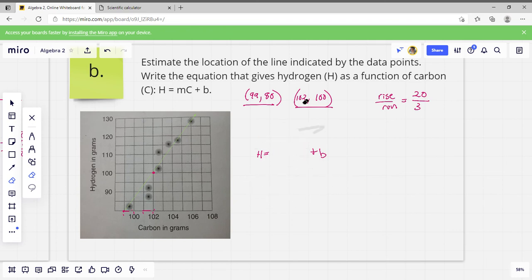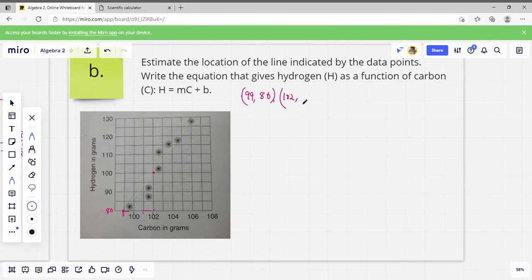Let's try this again. Okay, let me make sure I got my points right. Okay, so if I've got 90, that would be 80, and that's 99. Okay, and then I've got 102 and 100.